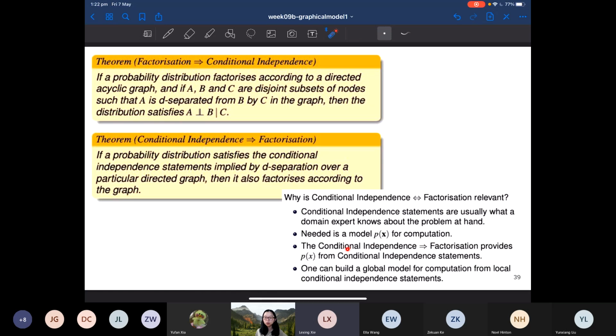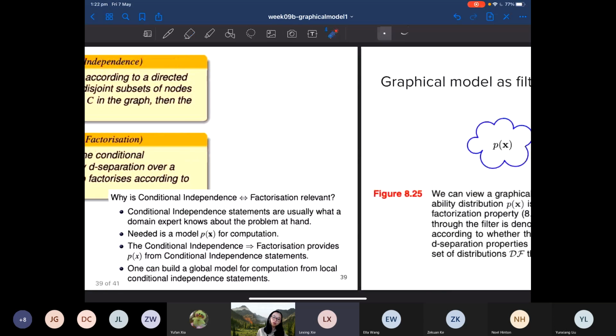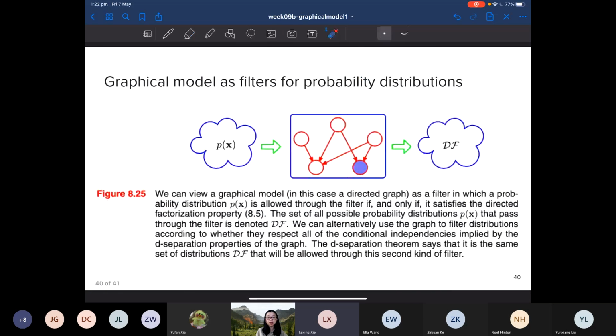So this relationship between conditional independence and factorization provides the expressions of P of X for computation. And as we will see, the computation is executed on local conditional independence statements. More about that next Friday.